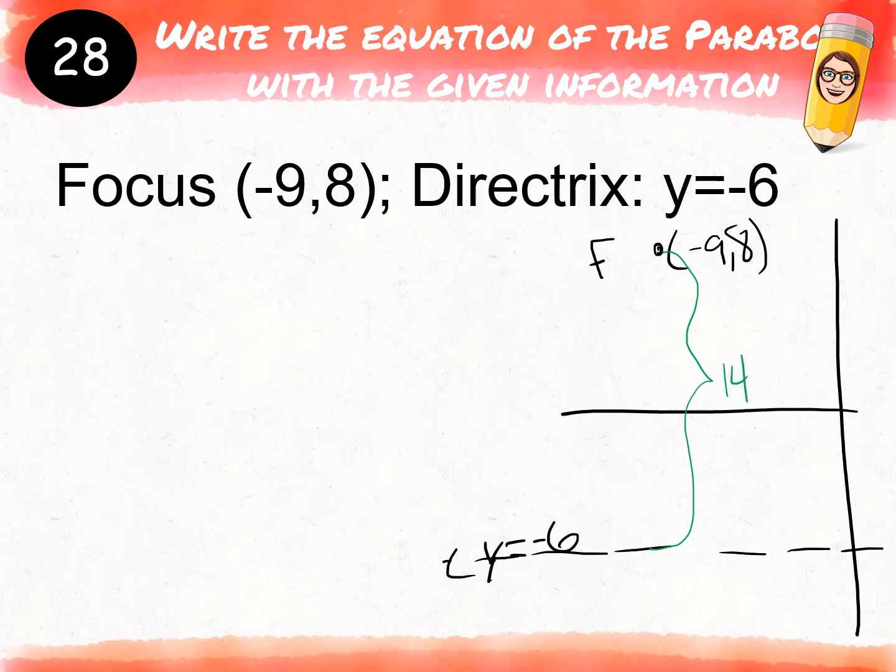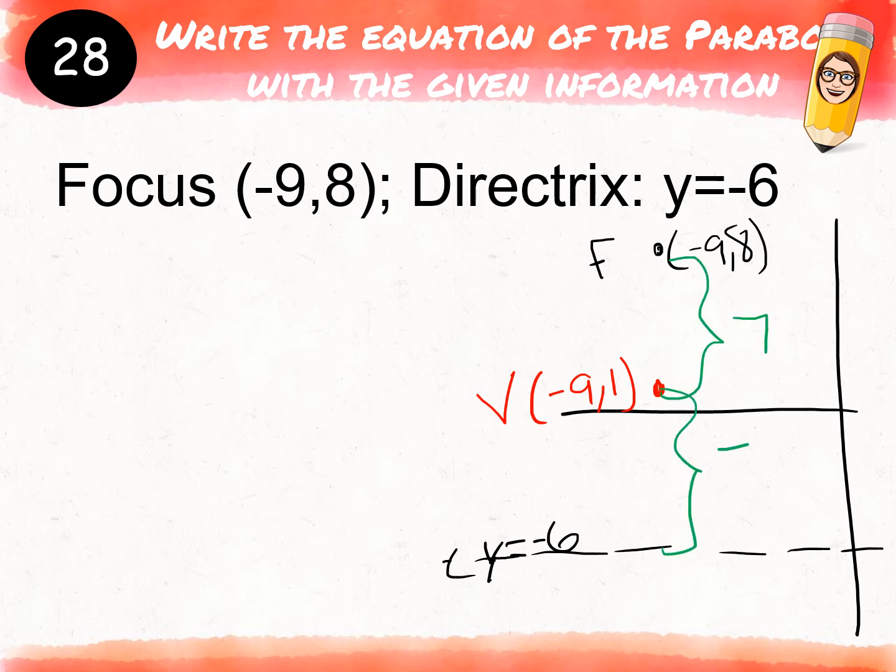Well, my vertex should be right in the middle, which means 7 units away. If I go 7 units from both of those, I would exist at (-9, 1). You see how I got that? I just split up those distances. If I knew it was 14, now I just proved it's 7 and 7.